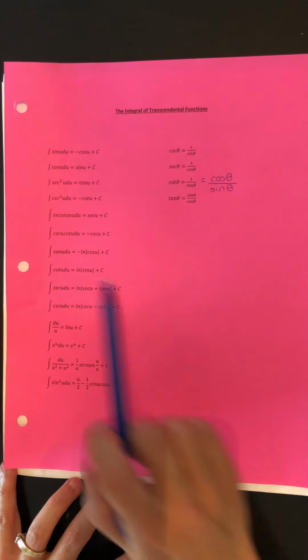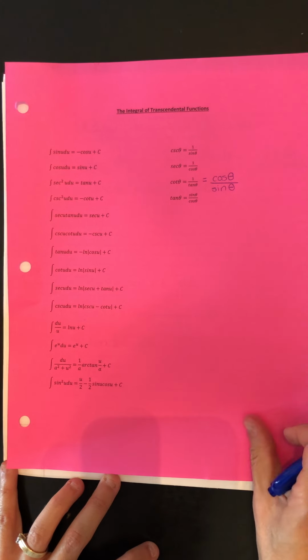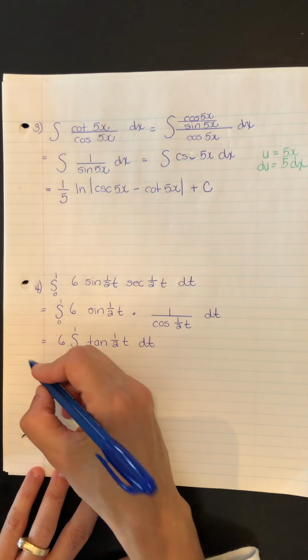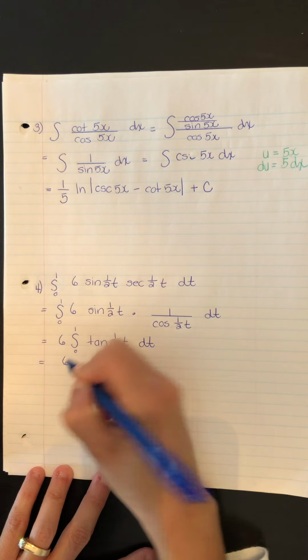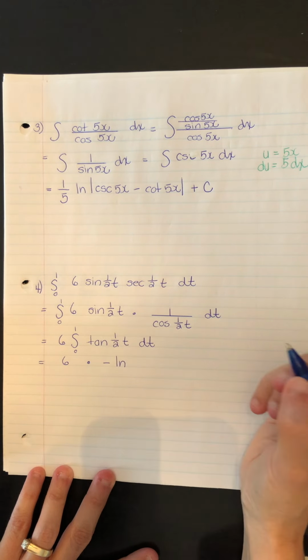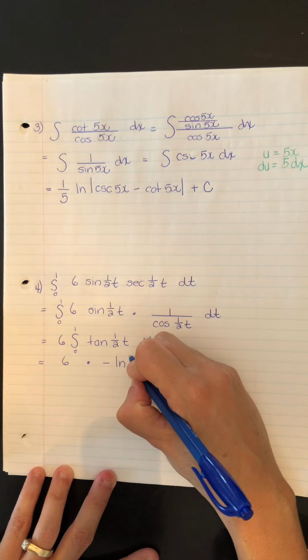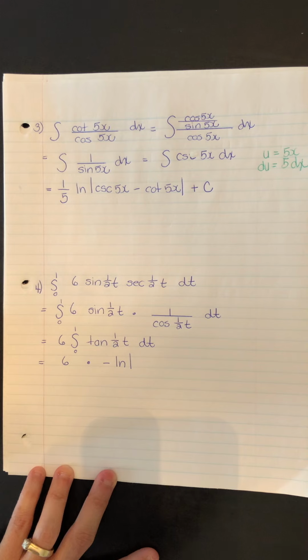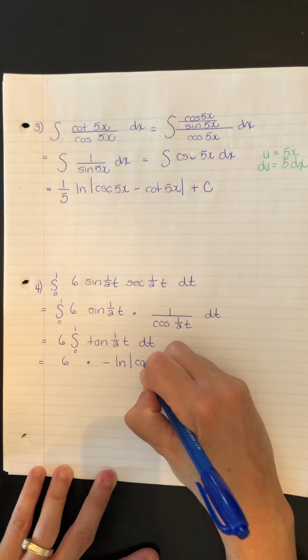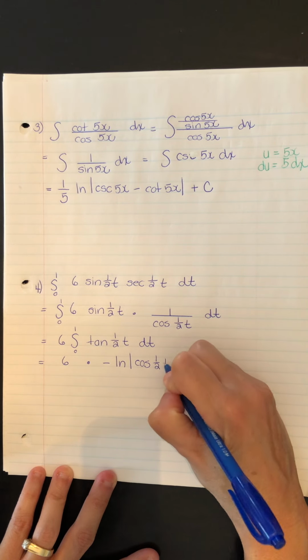Looking at our sheet, what's the integral of tangent u? It's the negative ln of the cosine of u. So we've got the 6, and we're multiplying it by the negative ln of the cosine of u, where u is 1/2 t.